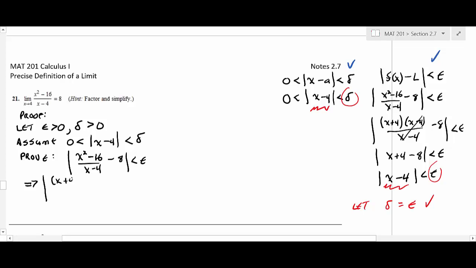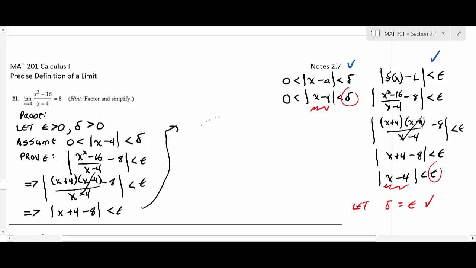So we have (x plus 4)(x minus 4) over (x minus 4) minus 8 is less than epsilon, which will give us, after you cancel that, x plus 4 minus 8 less than epsilon. And then just sort of moving this proof over here, I'm going to have x minus 4 less than epsilon. So that's what we're trying to prove, okay?